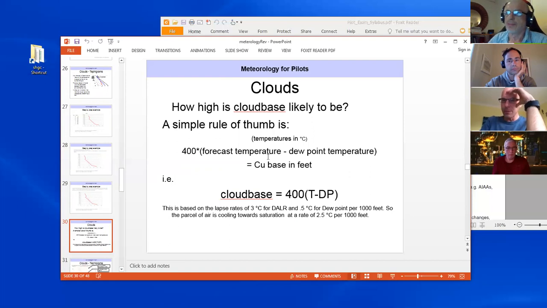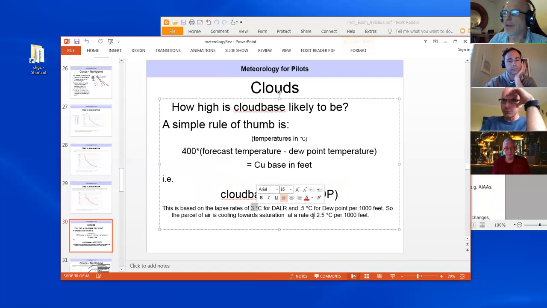It's based on this calculation: if you've got 3 degrees for dry adiabatic, 0.5 degree for dew point, the parcel is basically cooling towards saturation at a rate of 2.5 degrees per 1,000 feet. That's all that's telling you. But that's a basic rule of thumb: if you happen to know dew point and the day temperature, you can estimate cloud base.